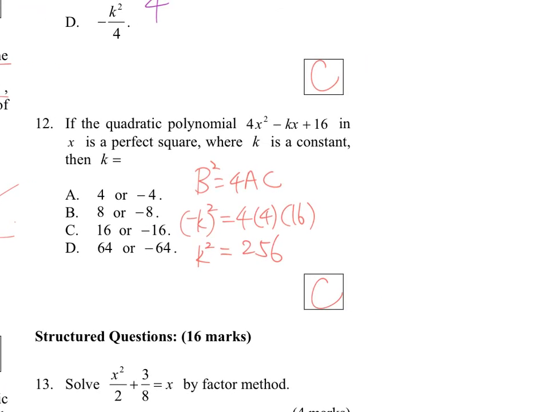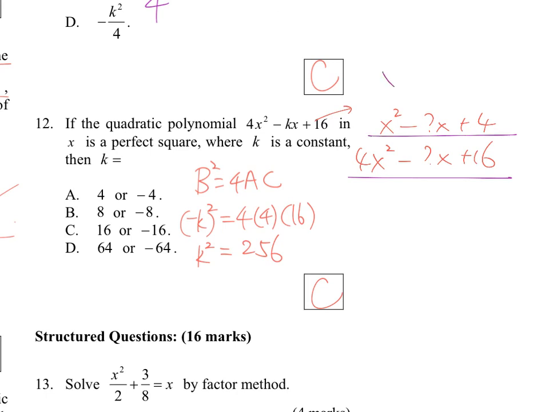But actually it is quite intuitive that you can realize x squared minus something x plus 4, and you multiply by 4, and in order for this to be a perfect square, this has to be a perfect square as well, and you can think backward.